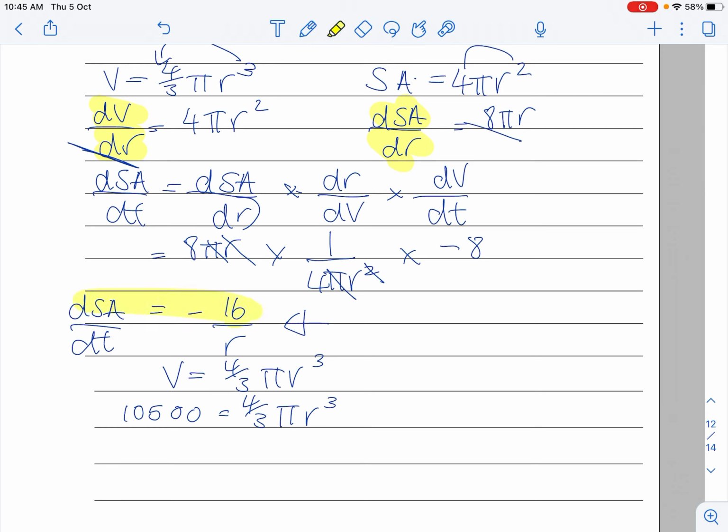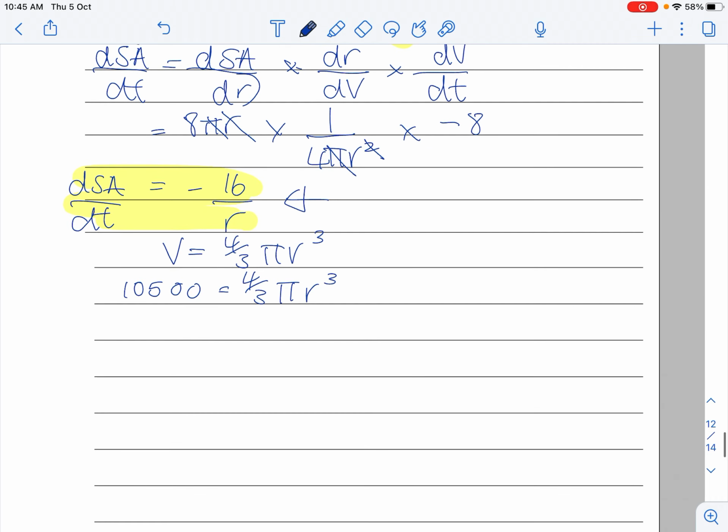Okay, I'll just highlight that so we know that that's what we're going to be using. So divided by 4/3, or times by 3, divide by 4, then divide by pi, and then take the cube root of it. We get r equals 13.5842.